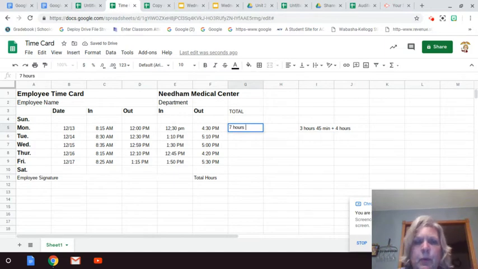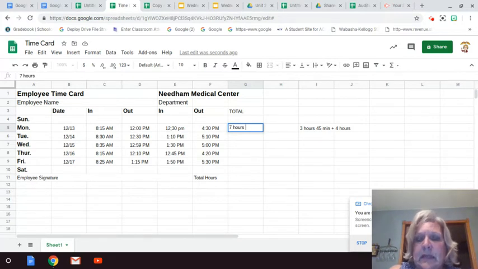I can either put 45 minutes, but chances are most of the time your minutes become either a fraction or decimal of an hour. So 45 minutes is what fraction of an hour? Think about that for a minute. Okay, it should be 3/4 of an hour, right?